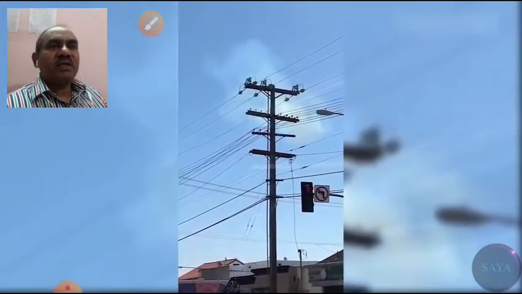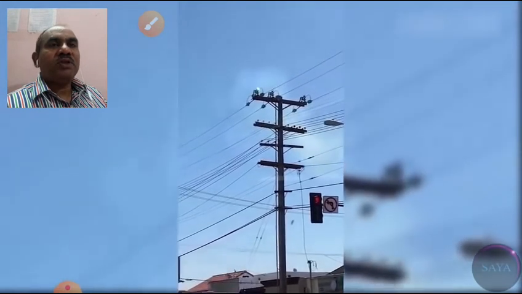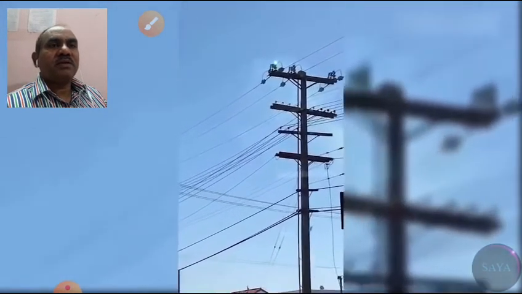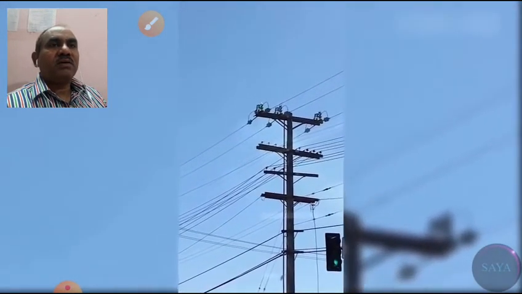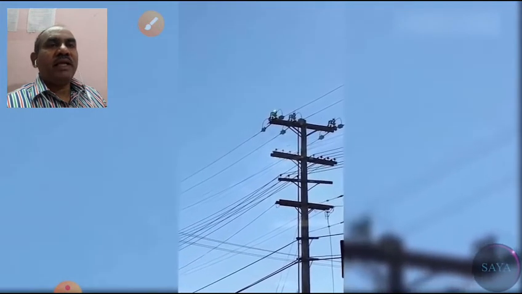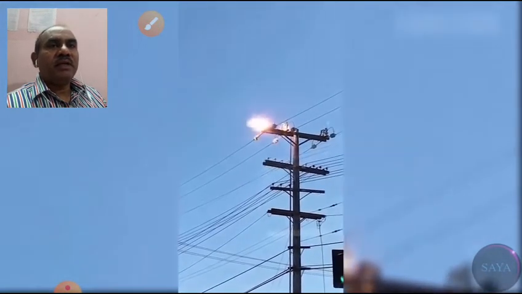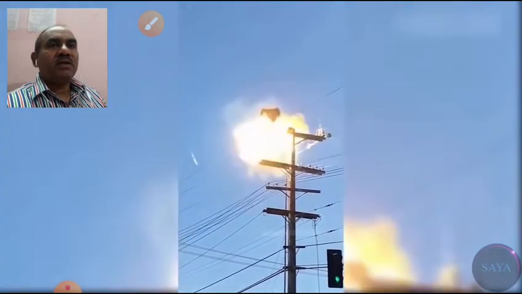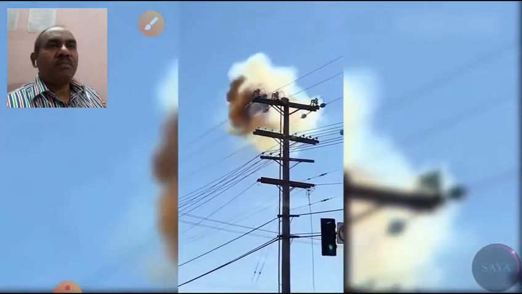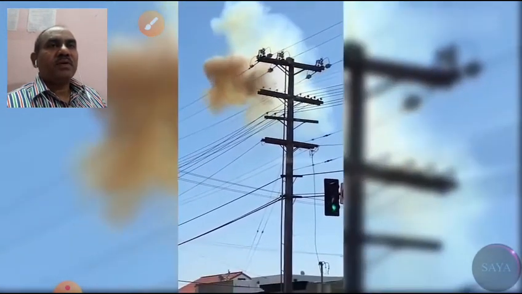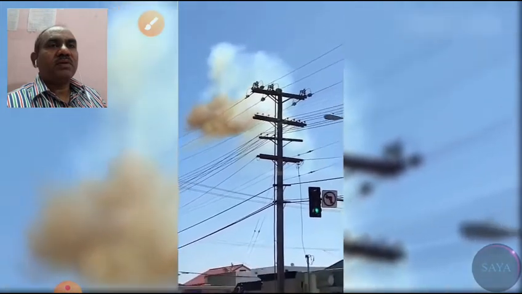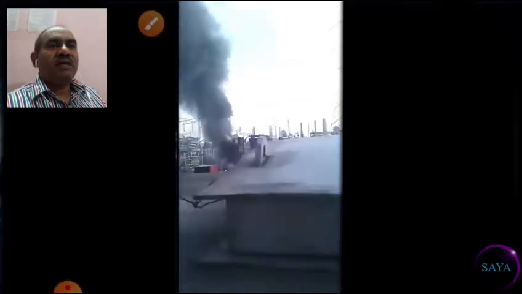So you can see here also one thing. Normal distribution lines. Small arcing takes place. Now total system collapsed. Initially the fault current is very, very less.